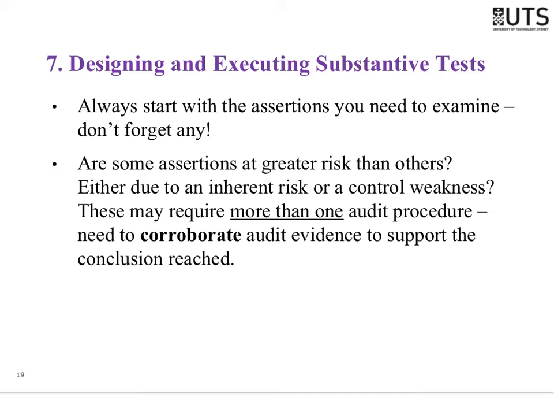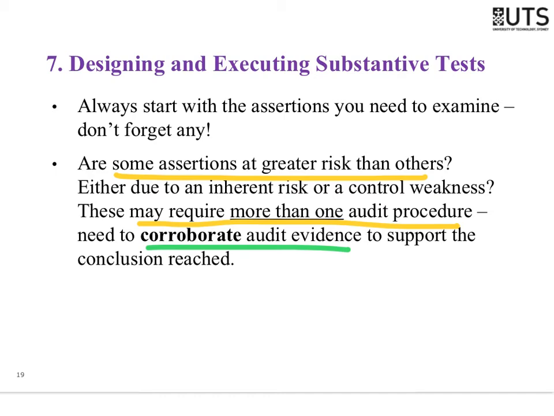Now, coming back to this, there will be some assertions that are at greater risk than others. And for those, we often perhaps might want to get more comfort. So we'll do more testing. We'll conduct more procedures for those high risk areas or those high risk assertions. Why? We want to make sure that we have more evidence, corroborating evidence, that is consistently supporting the same conclusion.